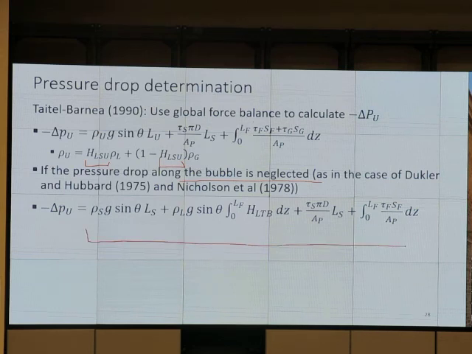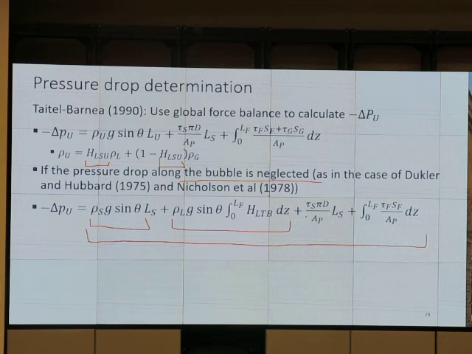So we have this equation. This equation has frictional pressure loss due to the slug body, gravity due to the slug body, and rho g sine theta multiplied by that is gravity due to the film. But it doesn't have gas.